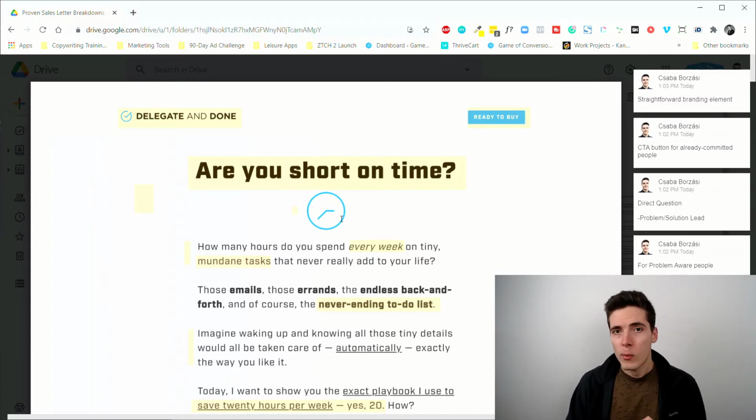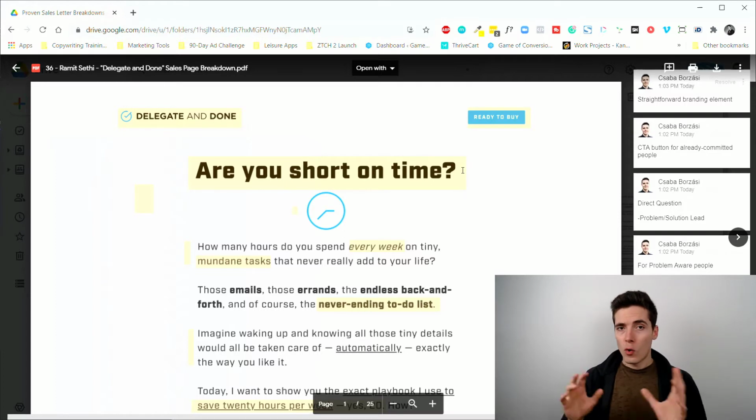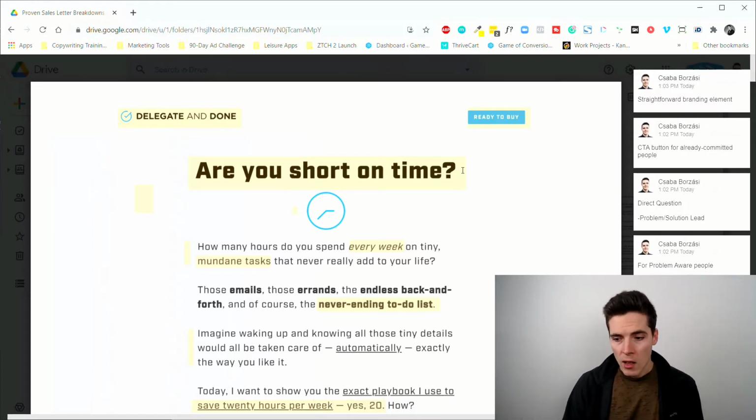It's very important to keep this in mind, because the whole headline, the whole lead, and the whole arguments inside the sales page itself totally depend on whether your target audience is problem aware or solution aware, or maybe they're even product aware. So this just means that this whole sales page will work pretty well for warmer audiences, but it can also work relatively well with cold audiences, so for people who've never heard about you before.